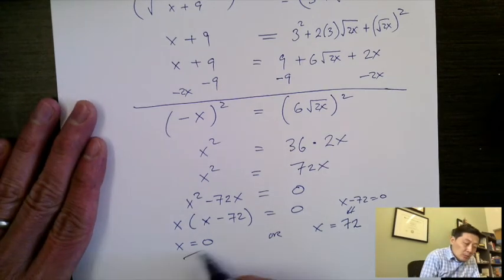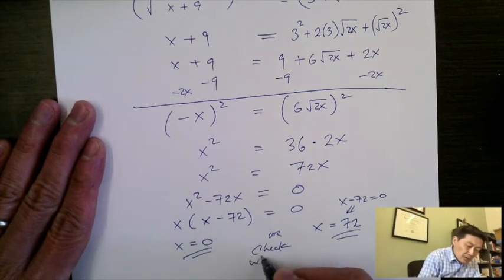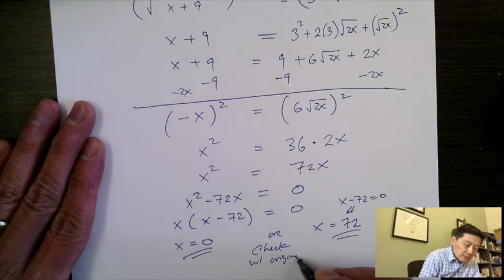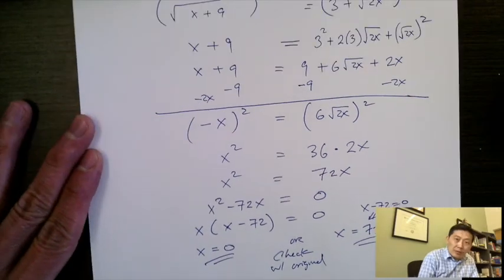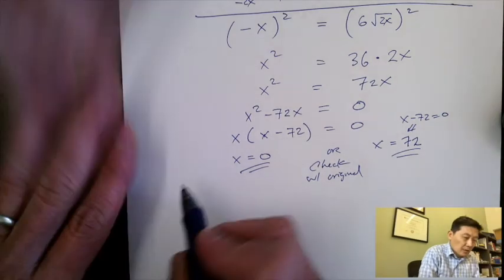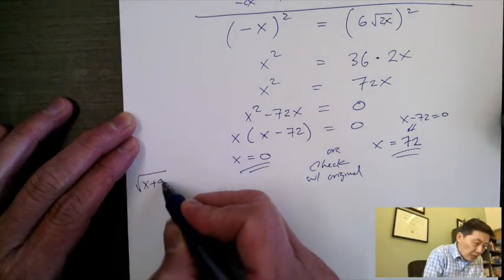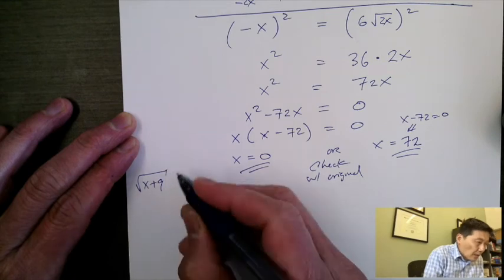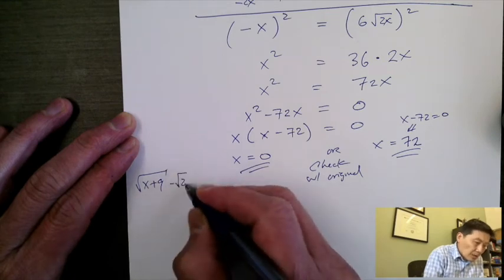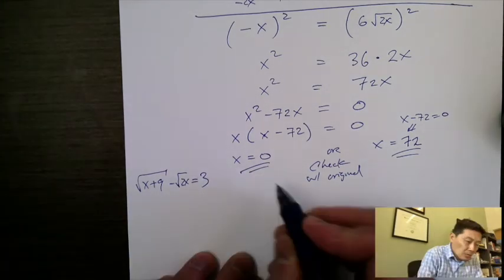Now we have two answers, but we've got to check with the original. Again, I'm going to bring the original to this side so that we can have it readily available to look at. It is square root of x plus 9, minus square root of 2x, and we're going to see whether it's equal to 3 or not. So bring the 0 down here.